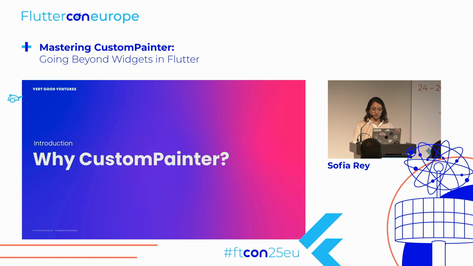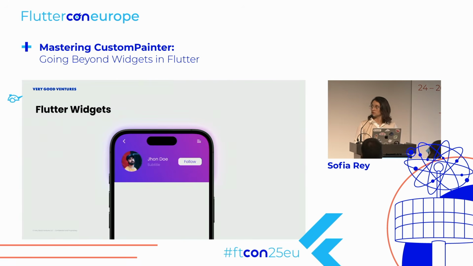But let's get into the topic. First, why should we use CustomPainter? Let's imagine our designer sends this UI. It looks pretty doable with Flutter, with just simple widgets. But what happens if then he asks for something like this? Or if Sean's picture is a bit more organic?